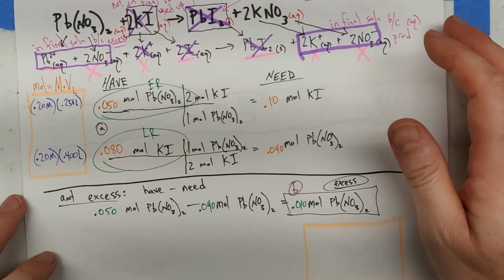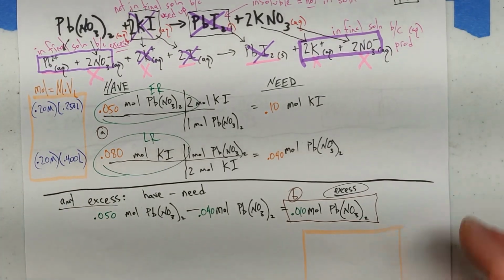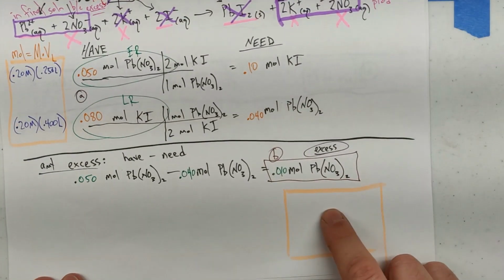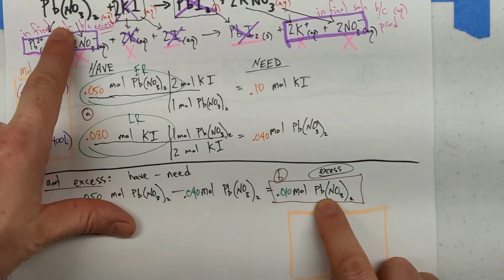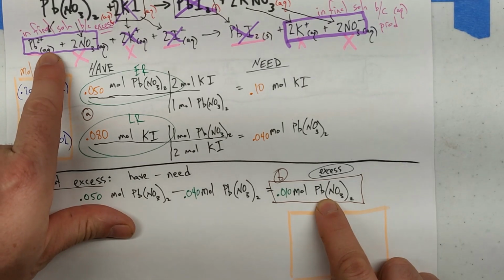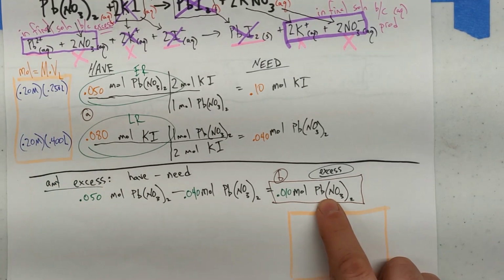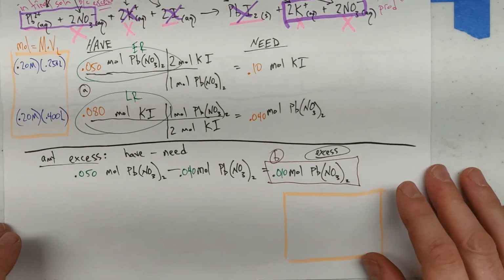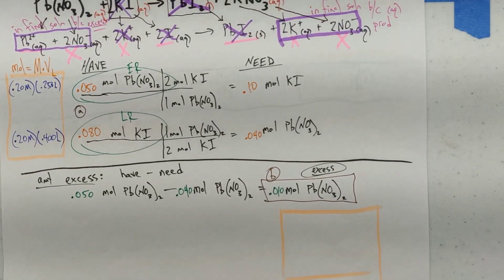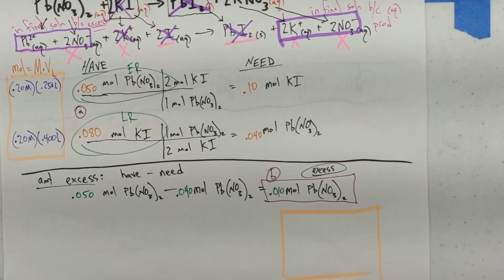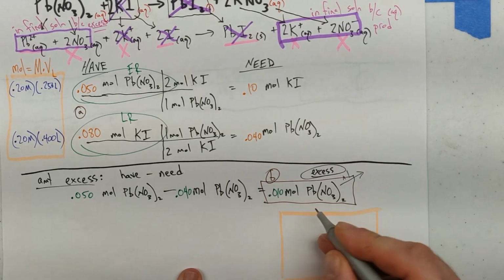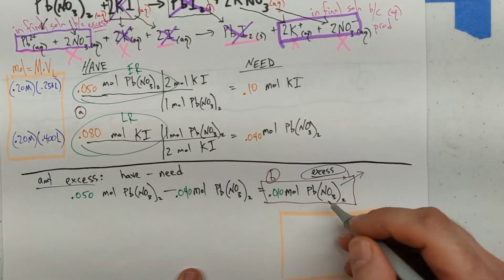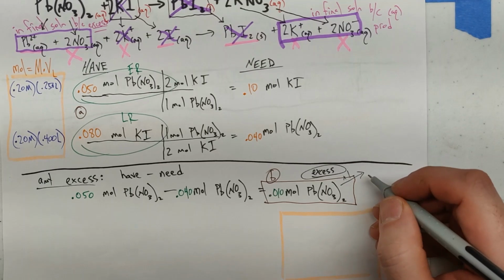So I know that part may seem complicated. If you want to just cut corners, skip to these orange boxes, this is my excess reactant. We've already established that that lead nitrate is going to give us lead ions and nitrate ions in the final solution. So let's figure out how many lead ions and how many nitrate ions we have in that final solution. We can do that by a simple dissociation. For every one lead nitrate, I have one lead ion.